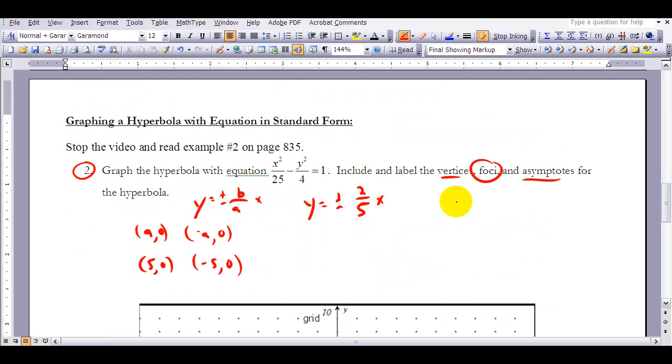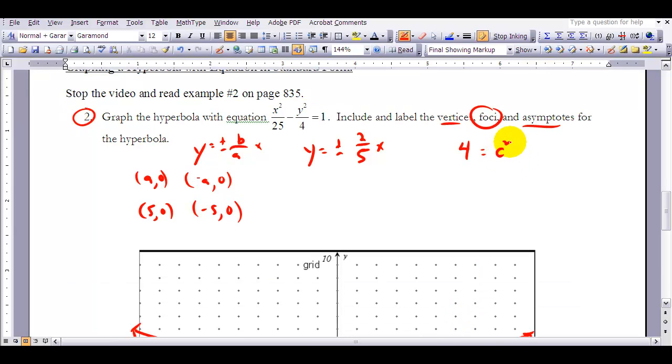So I can say b squared, which is equal to 4, is equal to c squared, which we don't know, minus a squared, which is 25. So if I add 25 to both sides, I get c squared is equal to 29. Therefore, c is equal to the square root of 29.